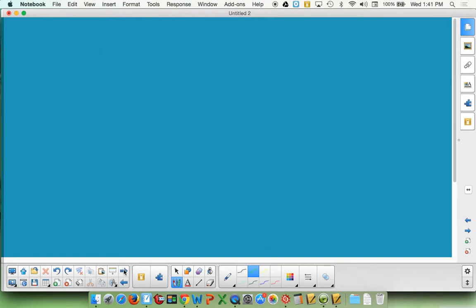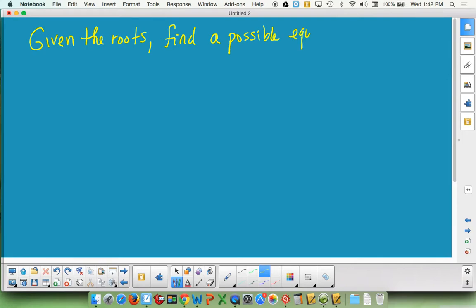So I'm now going to go reverse on you here, and I'm going to give you the roots of an equation. I'm going to ask you to find a possible equation that had these particular roots.